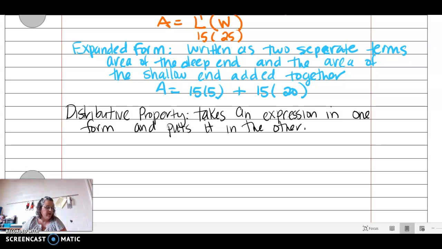So you can either go forwards or backwards. We're going to start with taking something that's in factored form and putting it into expanded form.